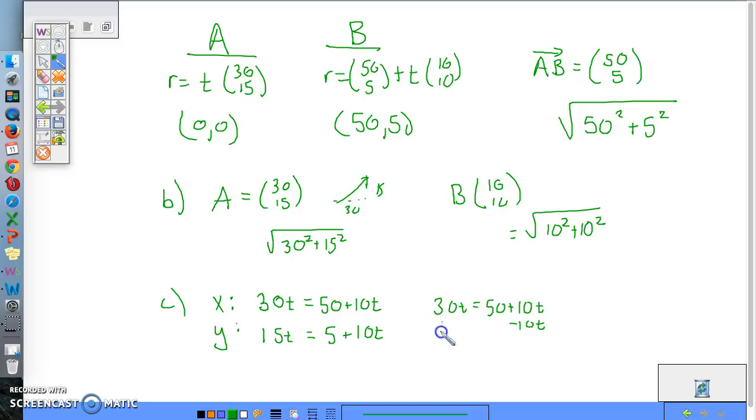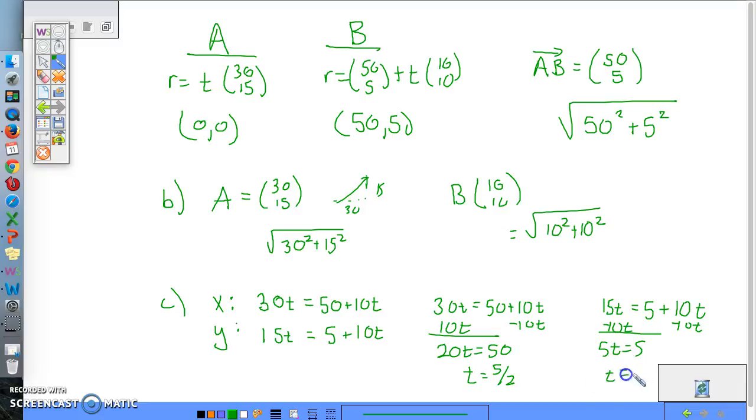Subtracting 10t, t equals 5 over 2, 2.5 seconds, is when their x-coordinate would be the same. Is that the same for their y value? 15t equals 5 plus 10t, so 5t equals 5, so at t equals 1 their y coordinate is the same. So no, they're not in danger of colliding.